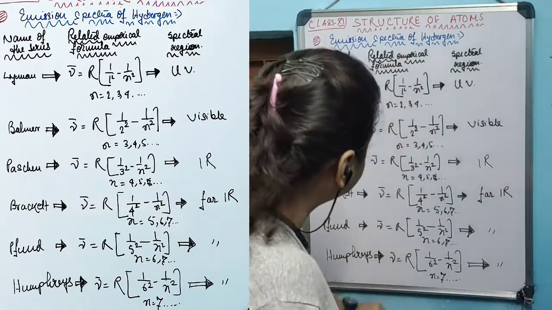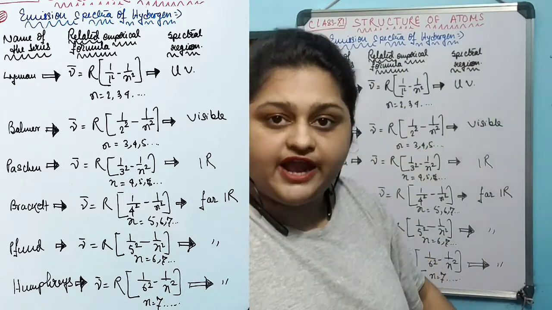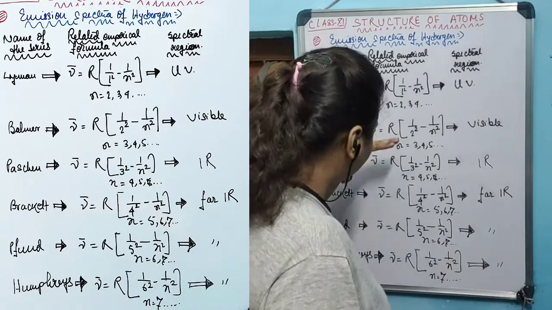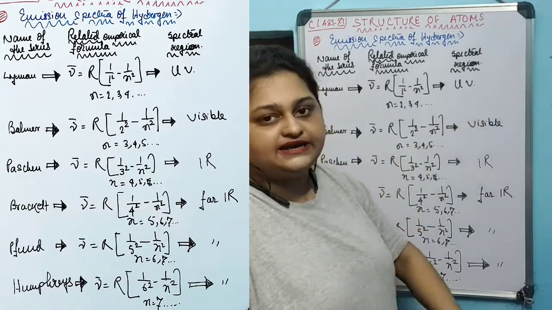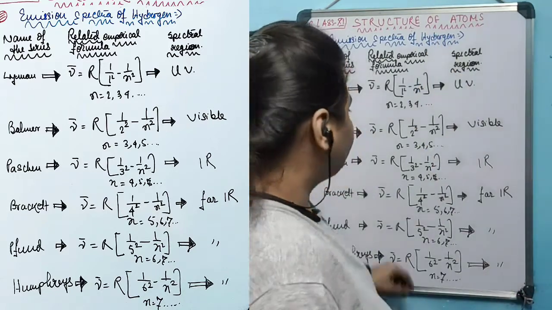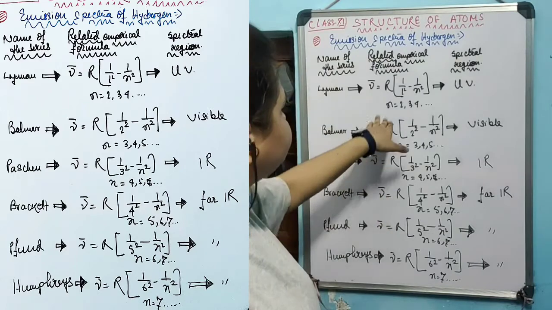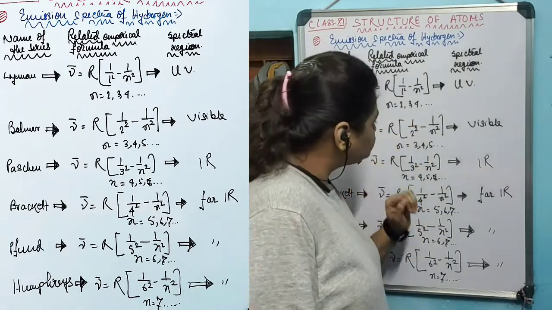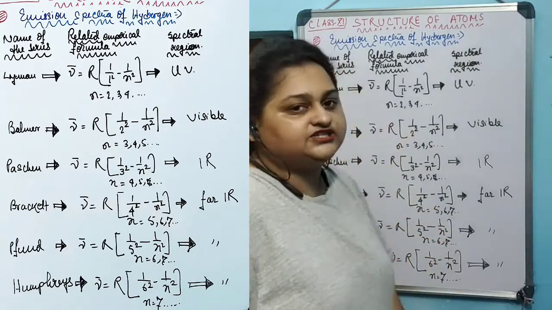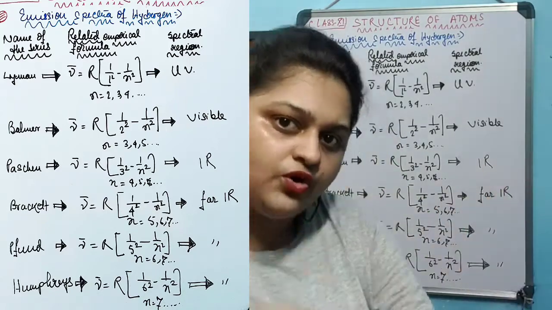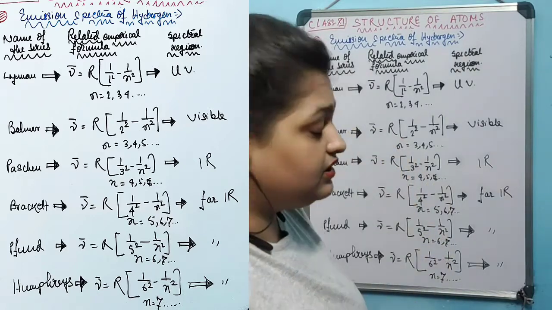Similarly, all the scientists studied the respective spectra that they got, and they concluded their own empirical formulas. For the Balmer series, which lies in the visible range, the empirical formula is nu bar equals R into 1 by 2 square minus 1 by n square. In the Balmer series, n starts from the integer value 3 and so on, and the base value 2 is constant.